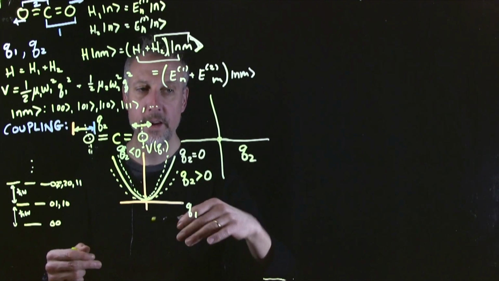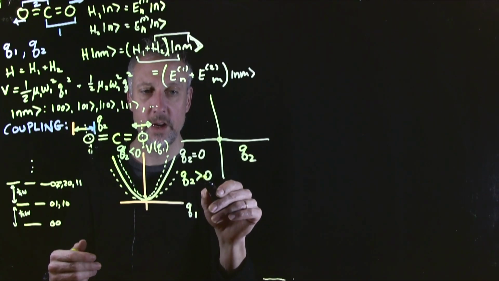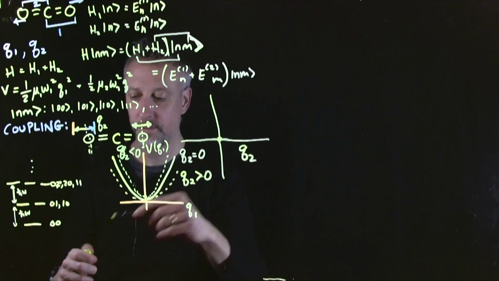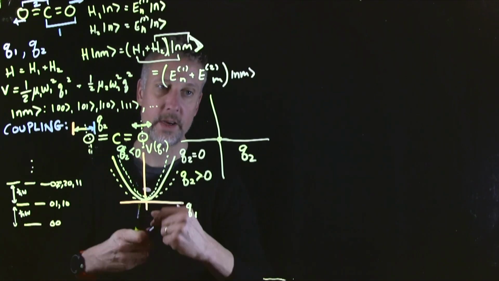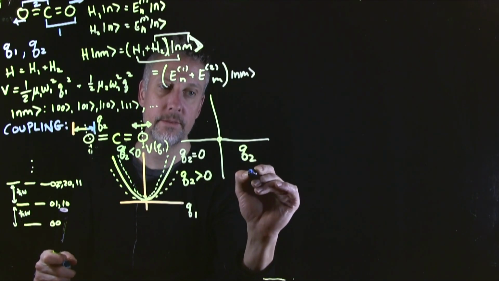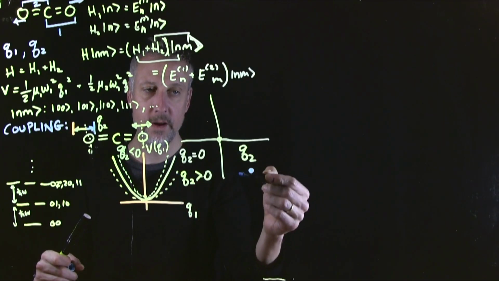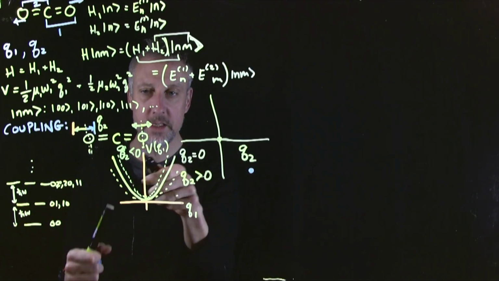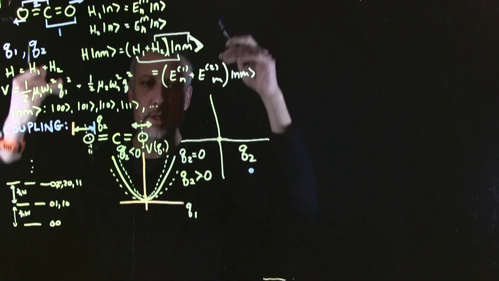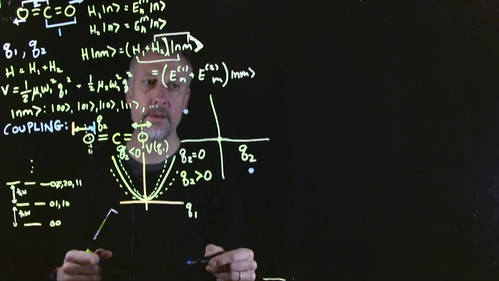It's there. Then as I increase Q2 and make it greater than 0, the frequency went down. So I got maybe a point over here. And then when I make Q2 less than 0, which is this one here, the frequency went up. So that would look like this.